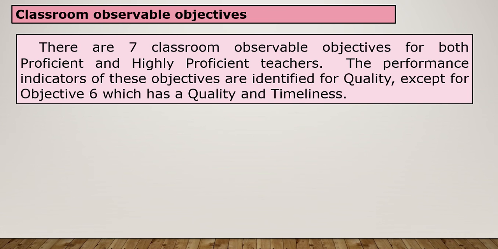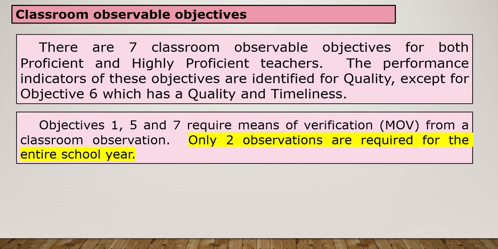The classroom observable objectives are the following. So there are 7 classroom observable objectives for both proficient and highly proficient teachers. The performance indicators of these objectives are identified for quality, except for Objective 6, which has a quality and timeliness. You can refer to your copy of your RPMS tool. Objectives 1, 5, and 7 require means of verification, or MOV, from a classroom observation.